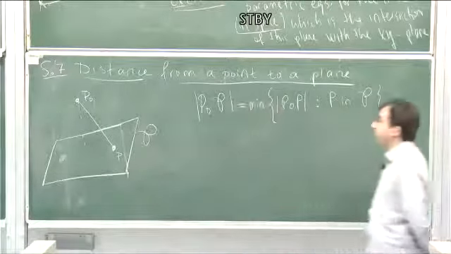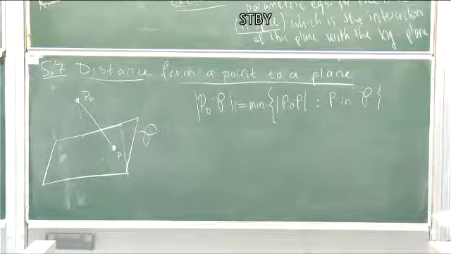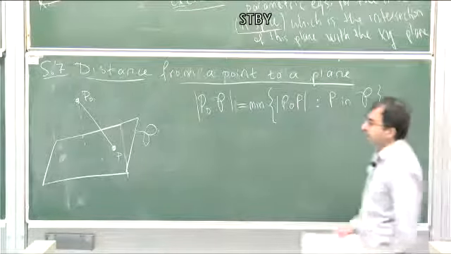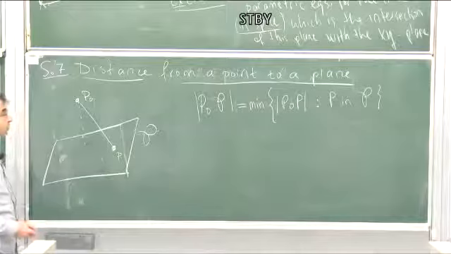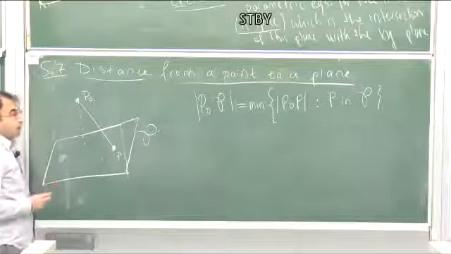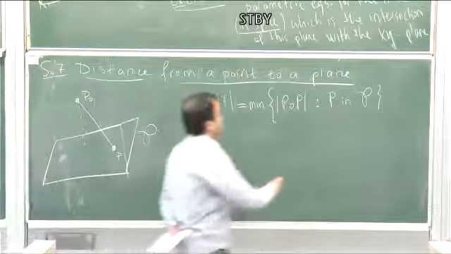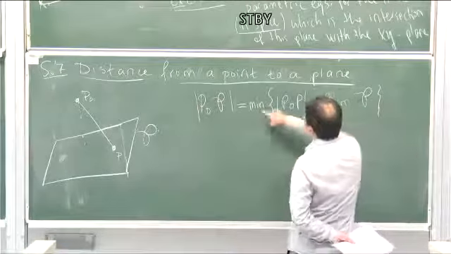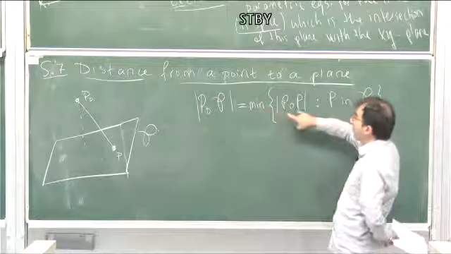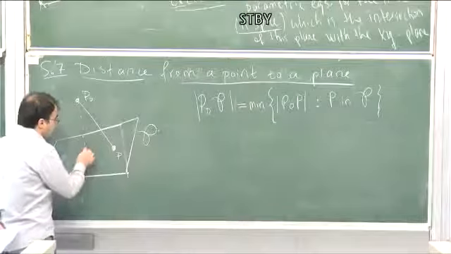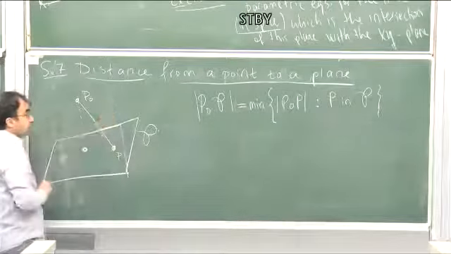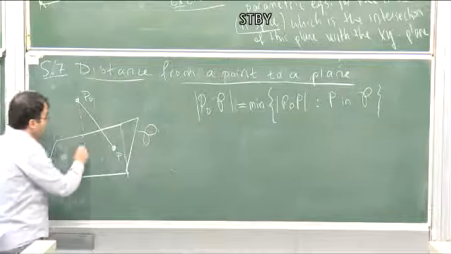I call this one the distance from a point to this plane P. This is the definition of distance between a point and a plane. And I want to find this one. So where does this minimum occur? At what point in this plane do I get this shortest possible distance?